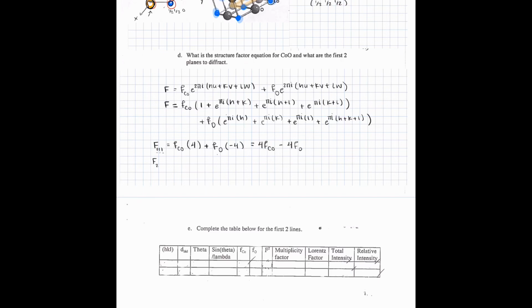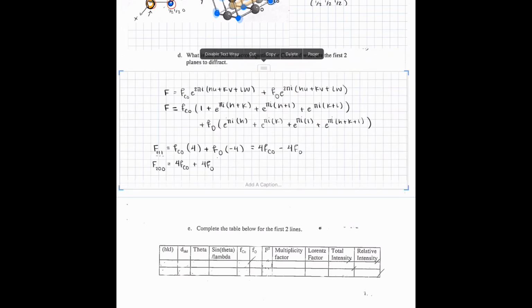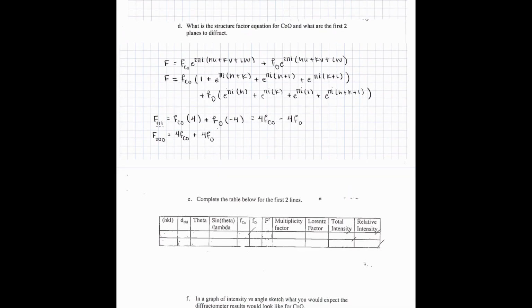Right, F200, you do the same steps and you end up getting 4 F cobalt plus 4 F oxygen. Just go ahead and double check that. Yep. Awesome. What other thing I would like to point out is that these both do not equal 0, meaning that they diffract. This again confirms that the 111 and 200 diffract.